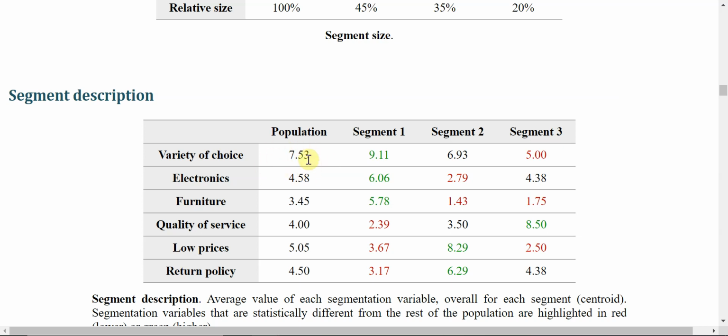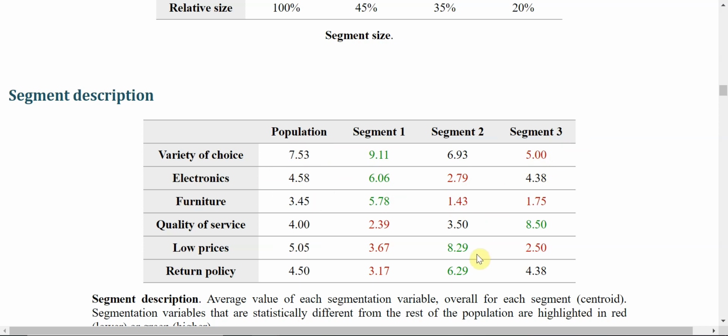In green here, which is convenient, we can see the averages greater than the population, and in red, we can see averages less than the averages in the population.